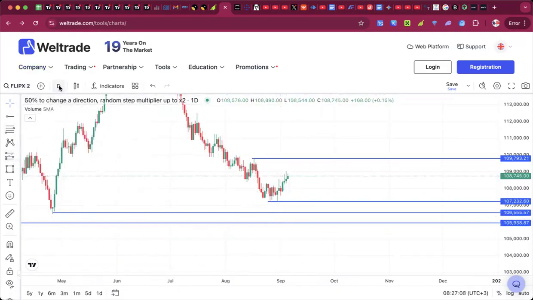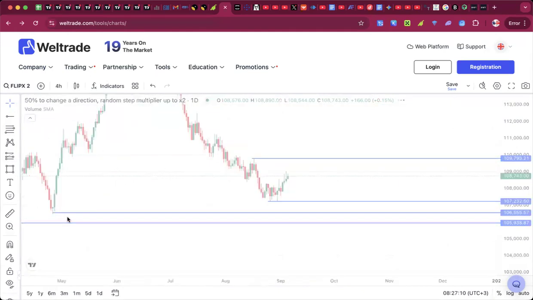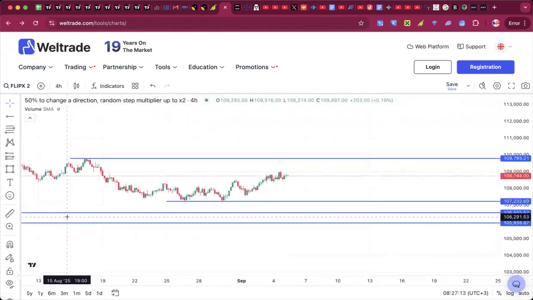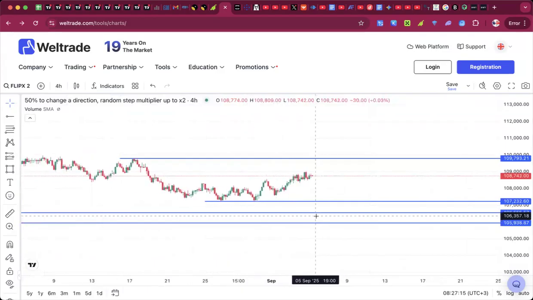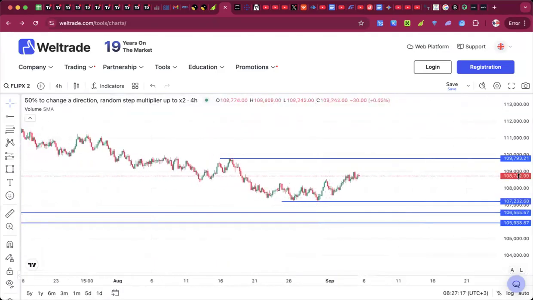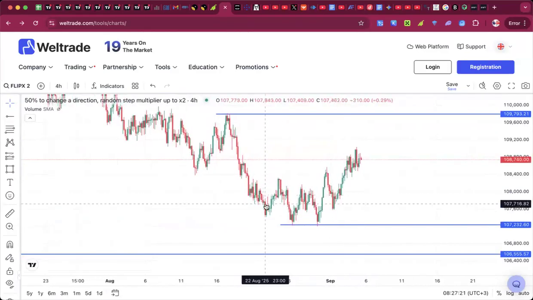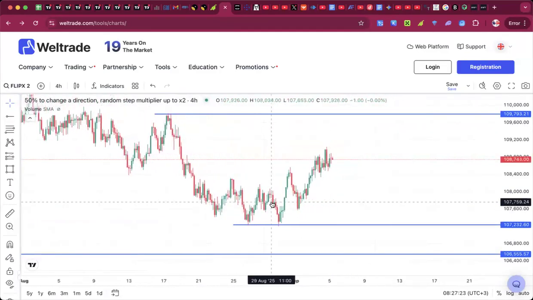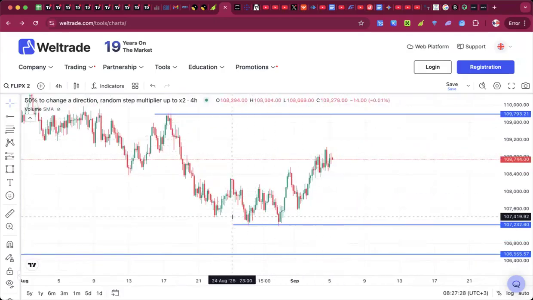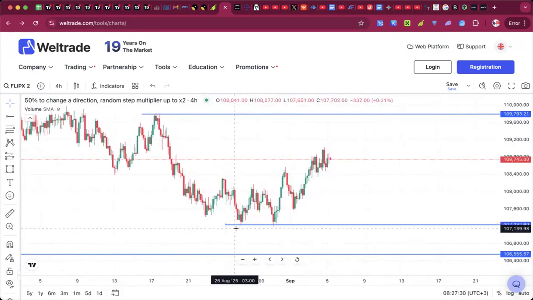So let's go to 4 hours. In 4 hours, you could see that another thing is already brewing before getting to this point, which means you have a low here.